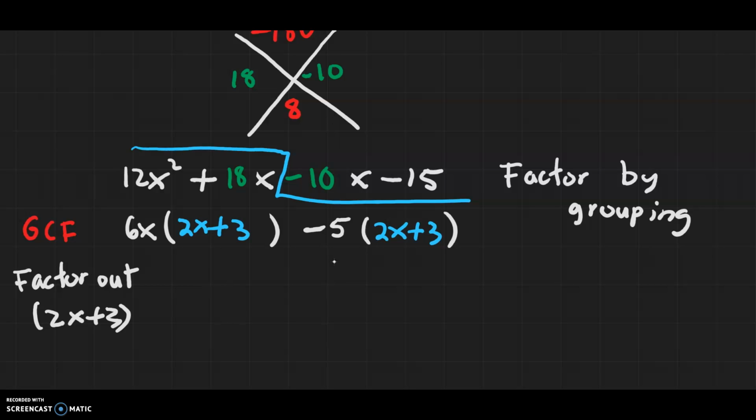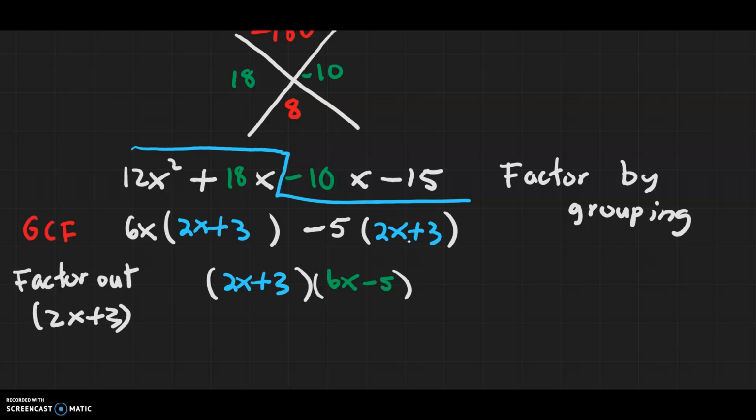So I'll put some parentheses, and then we have 2x plus 3. So we actually are factoring it out. And what's left over after we factor it out is the 6x and the negative 5. So I'll put that in green. You have a 6x minus 5.